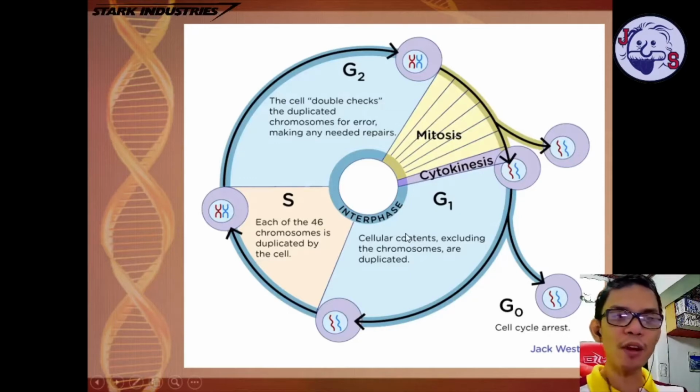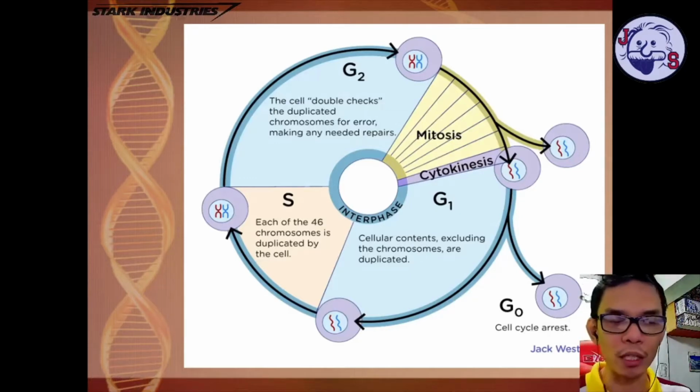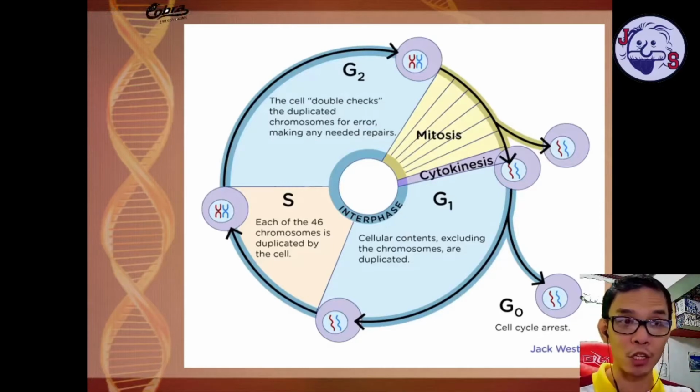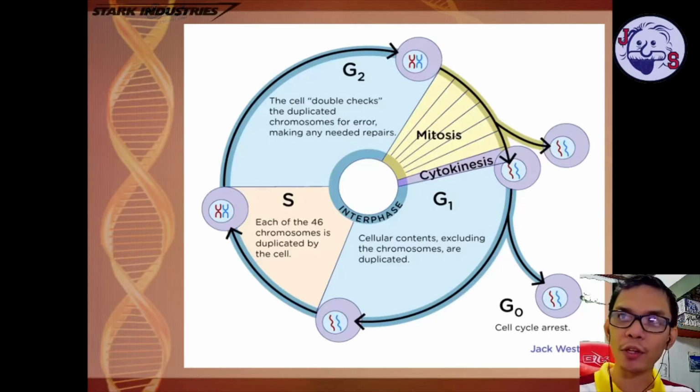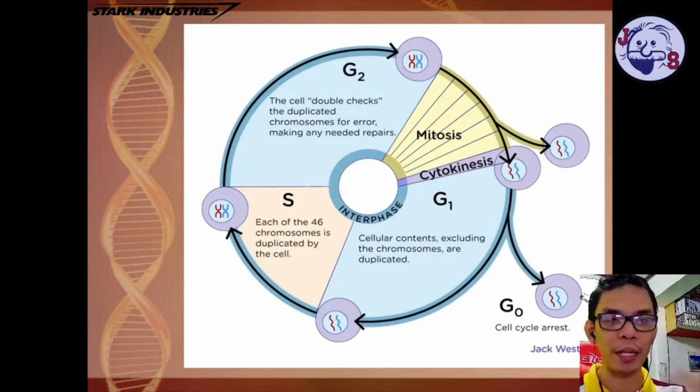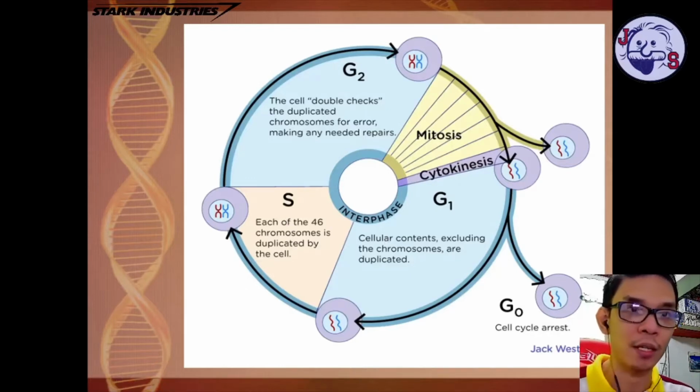The G1 phase of the interphase prepares all the contents of your cell for duplication. And when it undergoes the synthesis phase, or the S phase, the duplication or replication process will now take place.